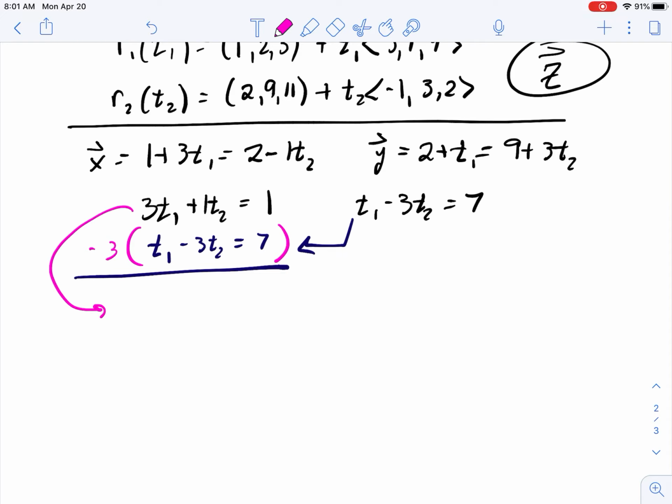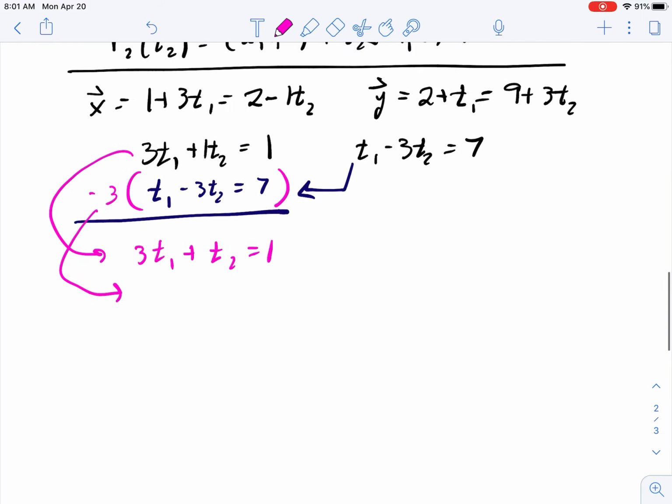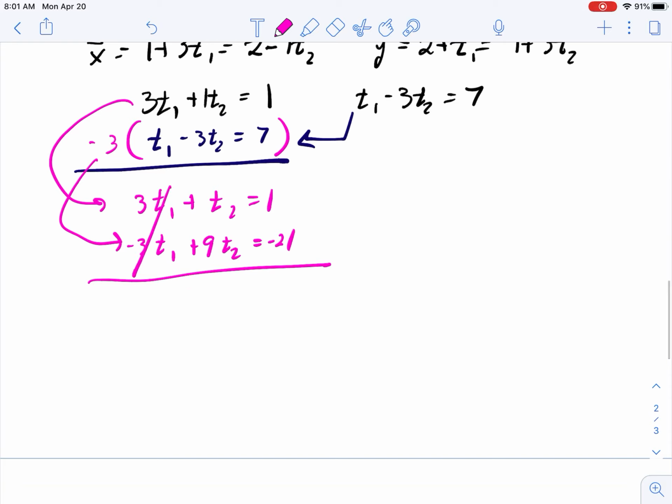So this one here, nothing's going to happen to it. So I have 3t1 plus t2 equals 1. This one here would be negative 3t1 plus 9t2 equals negative 21. So therefore, t1's cancel out. So I have 10t2 equals negative 20, and my time 2 is negative 2.